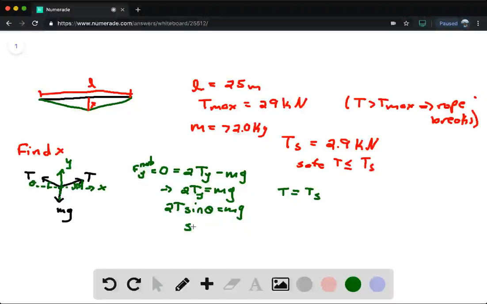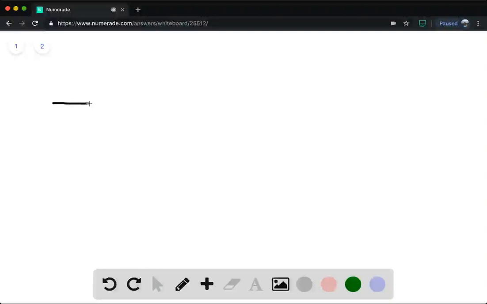We don't know what theta is, but it's related to x by considering the geometry of this problem. I'll write now that this is TS, because that's what we're considering. In the picture we have this big triangle, with the x right here, but we're looking at the halfway point.